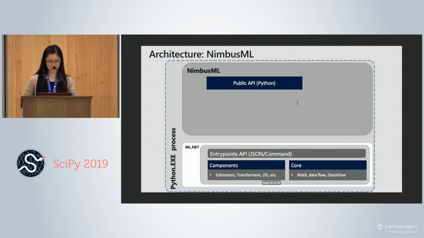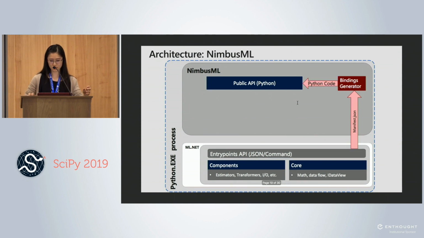And we use the entry point API from ML.NET to construct how the computation graph will look. So we standardize the pipeline into a JSON file that has all the information about the names of the components you are using, the input and output columns of that component, and also the corresponding schema or data structure of the input-output of each component. And we pass this entry point JSON file to ML.NET from the Python side.